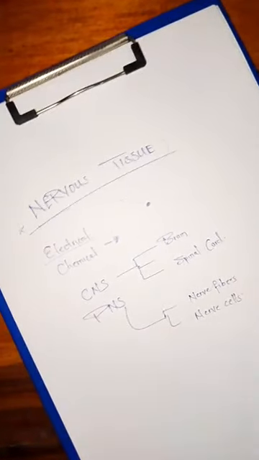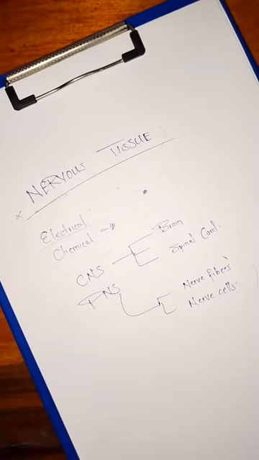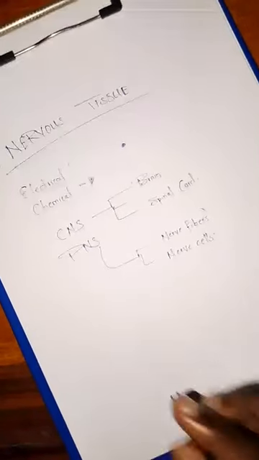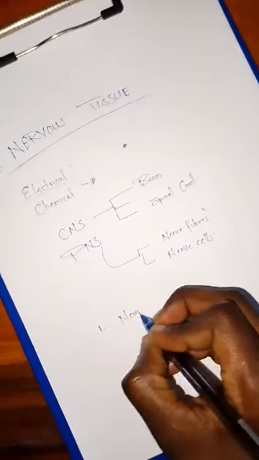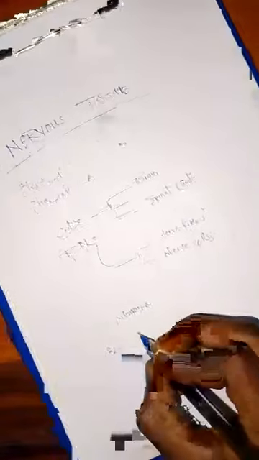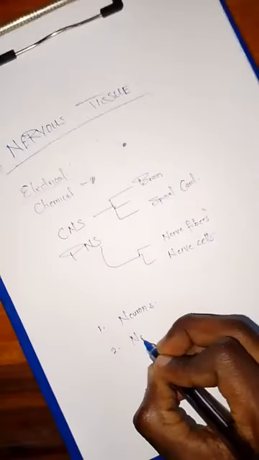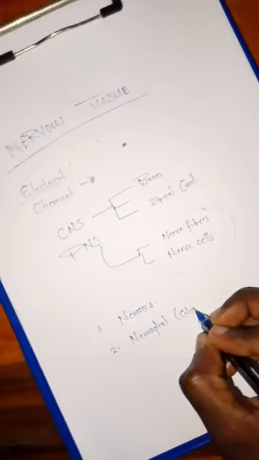The nervous tissue is actually made up of two types of cells. The first type is known as neurons, and the other type is known as neuroglial cells, also referred to as glial cells.